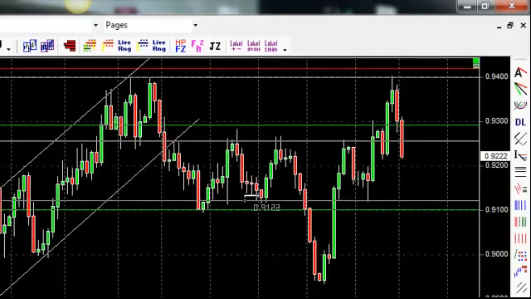In that instance, if we sell this pair and it drops all the way down to right in this range, it didn't take our profit target, but then the next day some big news announcement came out and boom, boom, boom, this thing shot up through the roof.